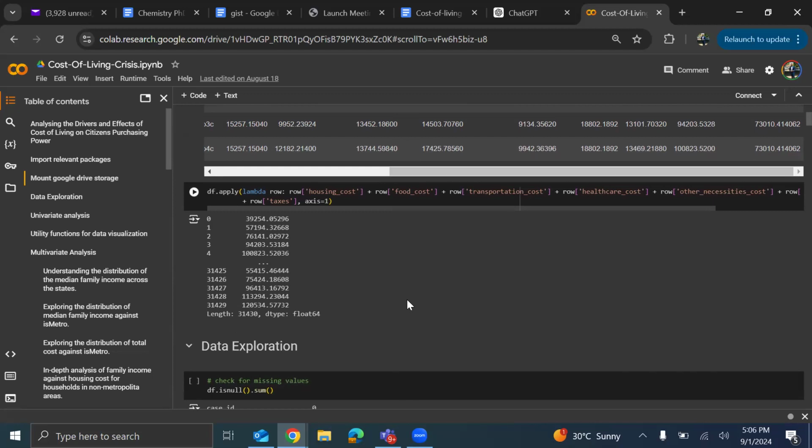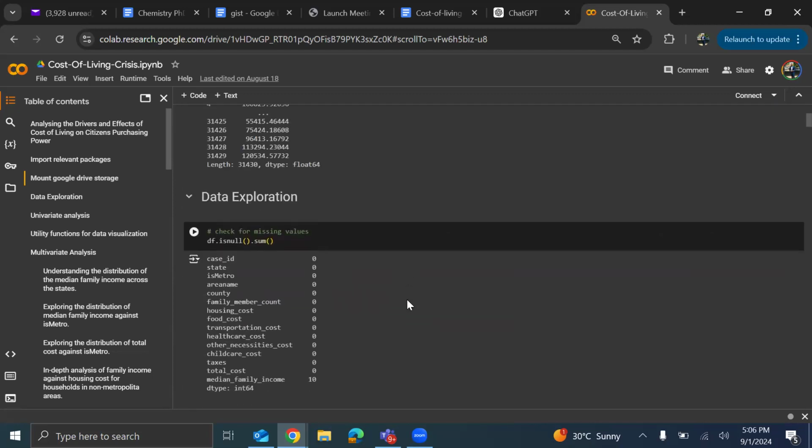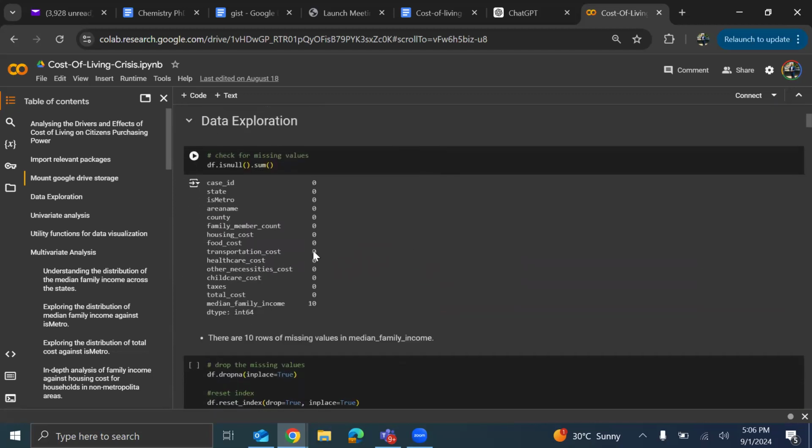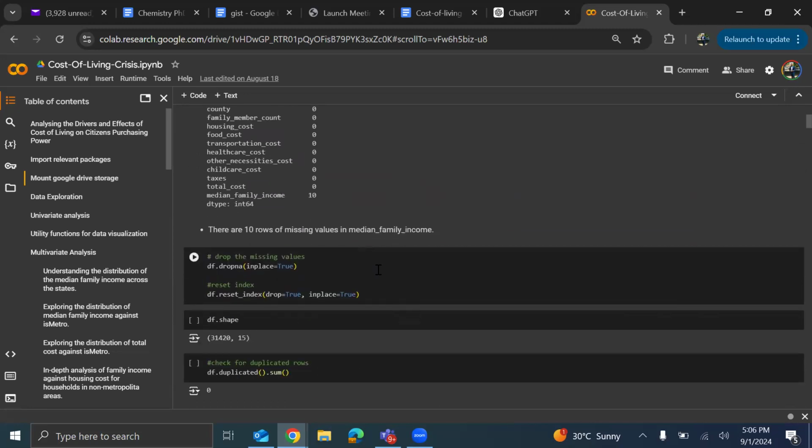After that, I did data exploration. I started by checking for missing values. I saw that the median family income had 10 missing values. The target for me was the median family income.